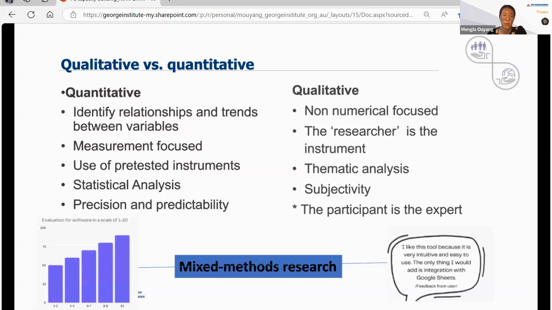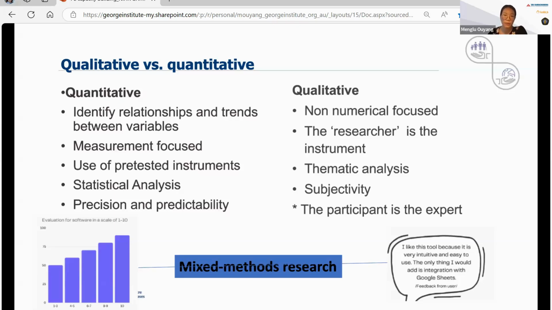One is quantitative data, which aims to understand the trends and relationships, usually reported by numbers, percentages, or other stats metrics such as mean or median. It's focused on measurement, usually using a validated instrument, and also has to have precision and predictability.